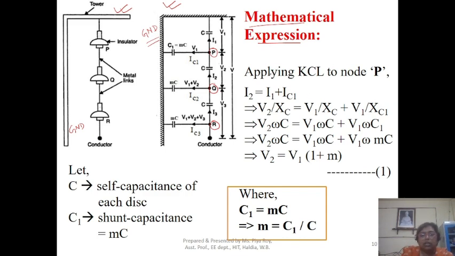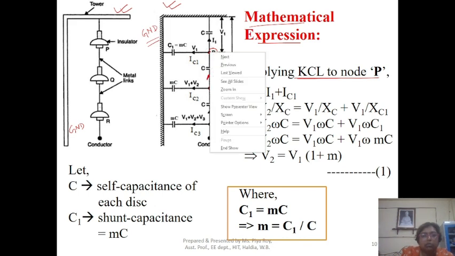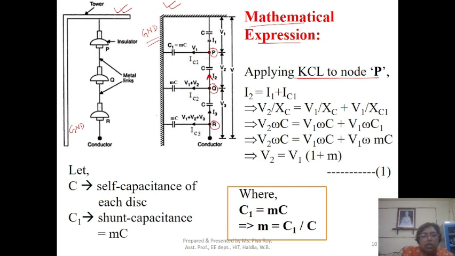Now applying KCL to node P. In the equivalent circuit, the current entering this node is I2, and the currents leaving this node are I1 and IC1.